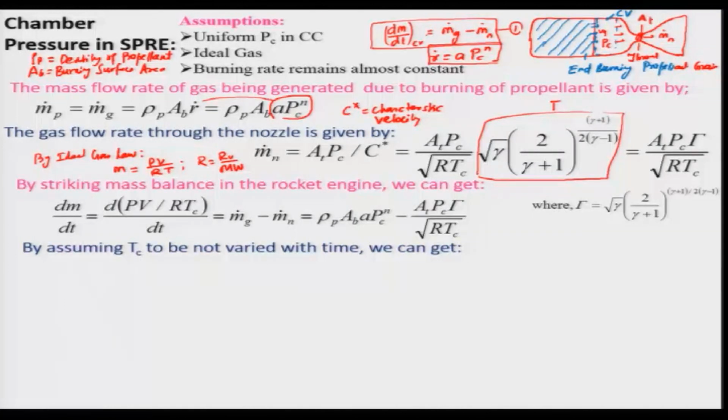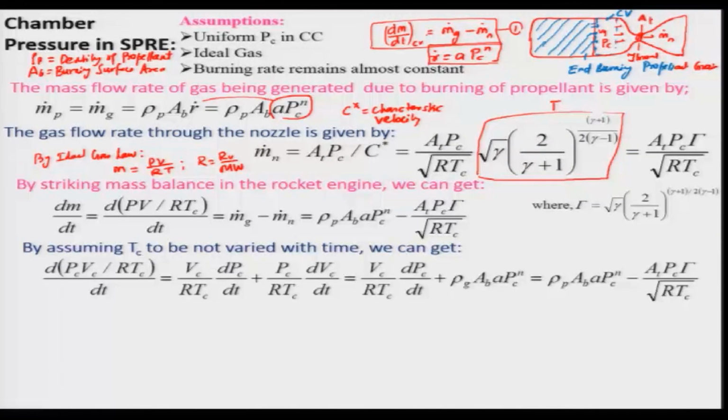Therefore, that variation we can neglect. So, we expand this derivative, taking 1 by R T c as a constant, and it becomes V c divided by R T c d P c by d t plus P c by R T c d V c by d t.